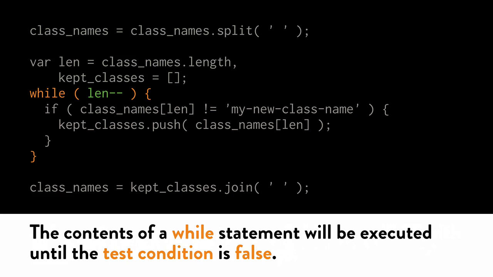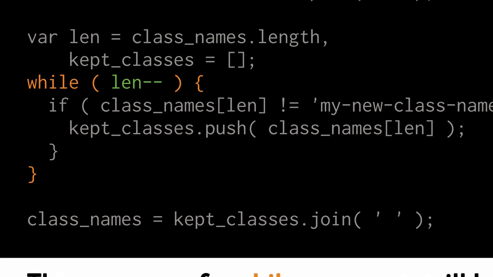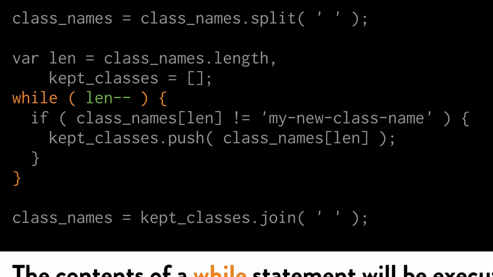So when I say while len minus minus, that means that the length value would be decremented after that condition is evaluated. So within those curly braces, the value of len would actually be 3 because it had been reduced after it was evaluated.